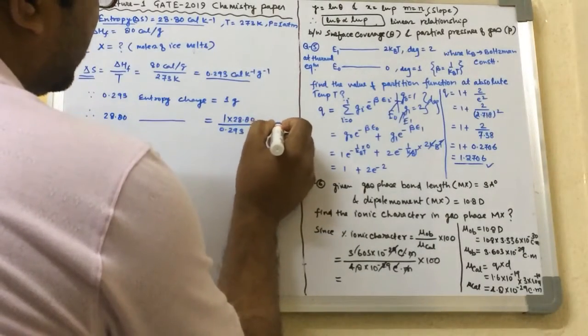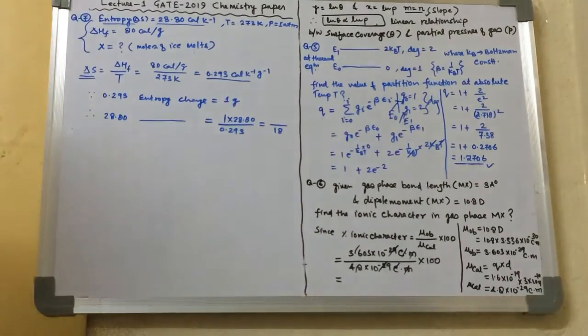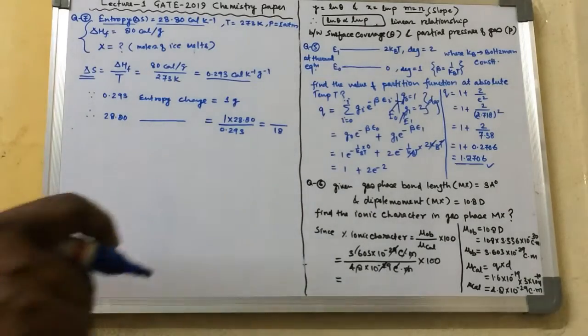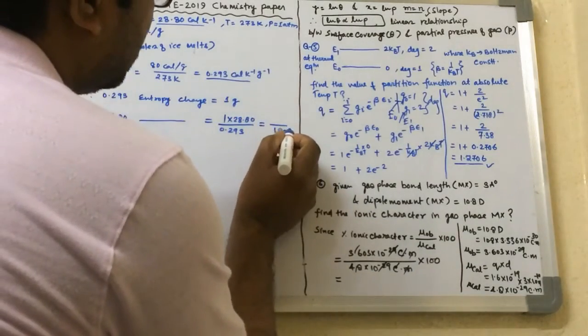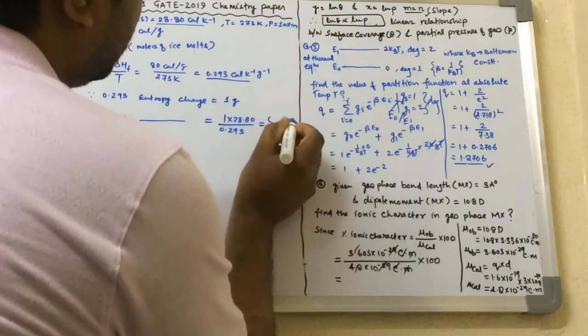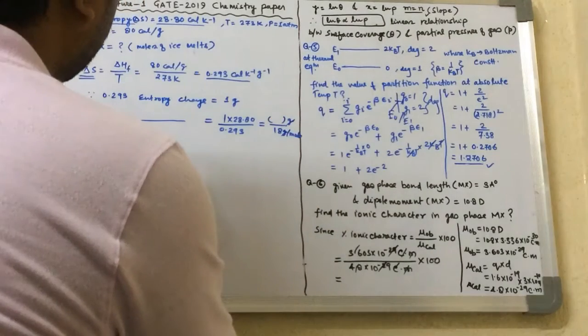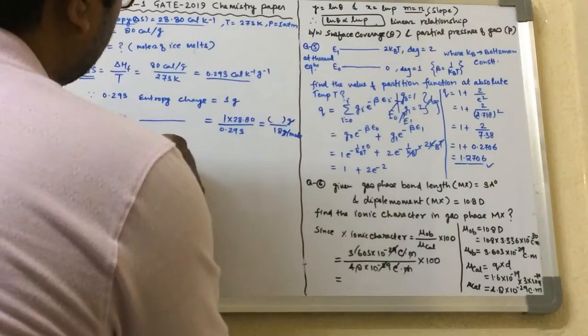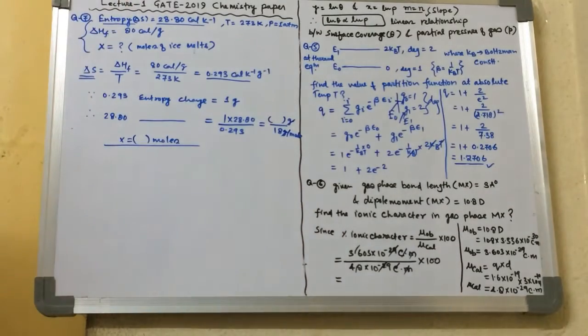Divide this value by 18, because here we have to find the amount in moles; the weight of water you get in gram, so divide by 18 gram per mole, and you will get X in moles. So this will be the answer of this question.